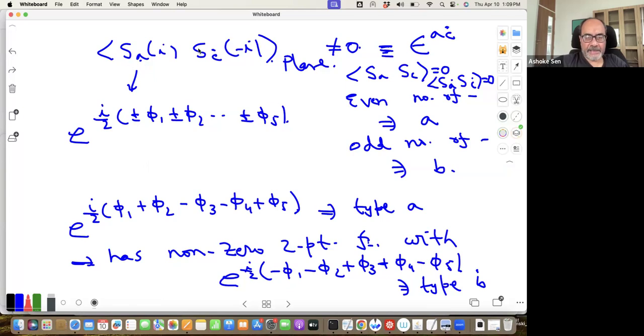So in this basis, the correlation function basically becomes simple because each one is paired with a unique one. Of course, this is a basis dependent statement. You can change your basis so that this changes. But in this basis, it is true that each S_A is paired with a unique C dot, which corresponds to changing the sign of all the phi's in the exponent.